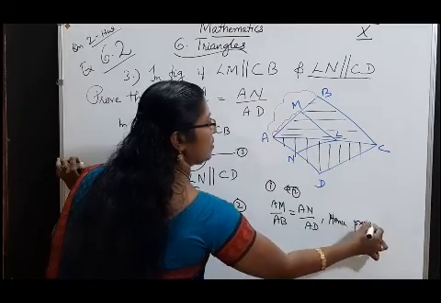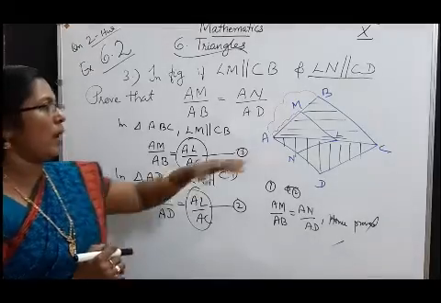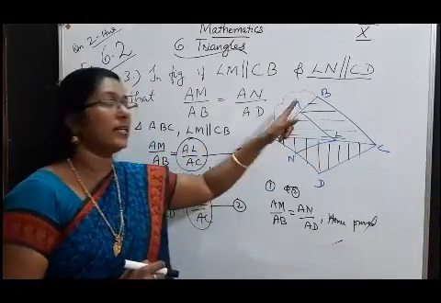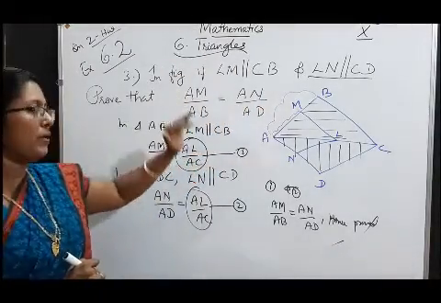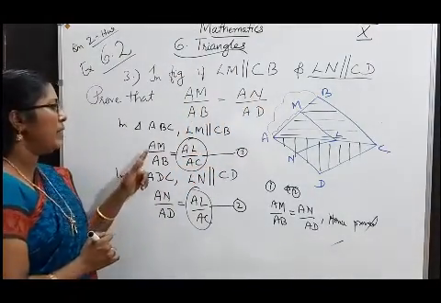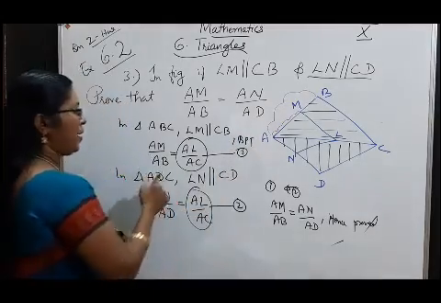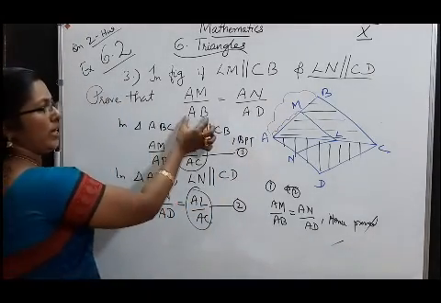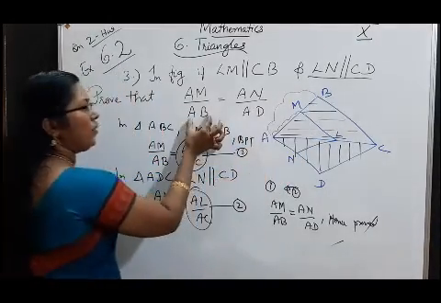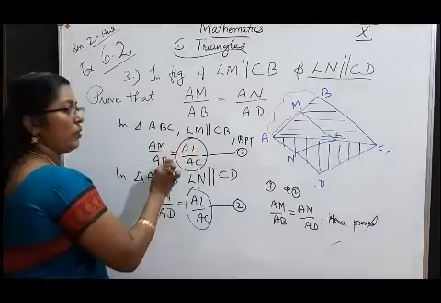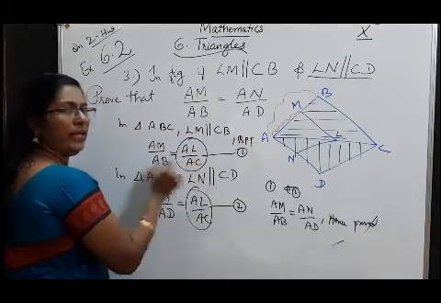Here, the upper part: in triangle ABC, LM is parallel to CB. By the basic proportionality theorem, AM by AB equals AL by AC. We want to prove with the denominator AB.